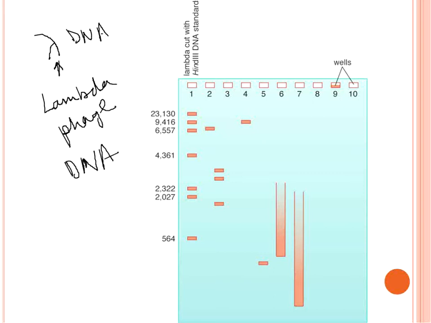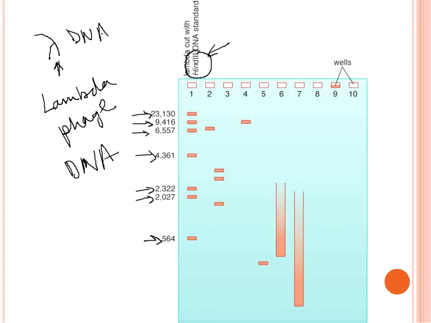the lambda phage DNA with HindIII. Anybody know what HindIII is? It's a restriction enzyme, of course. So if you cut lambda phage DNA with HindIII, we know that you're going to get these fragments: a 23,000 base pair fragment, a 9,000 base pair fragment, a 6,000 base pair fragment, a 4,000, 2,300, 2,000, and a 564.